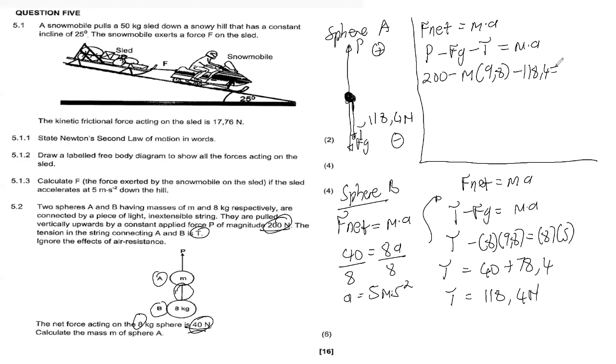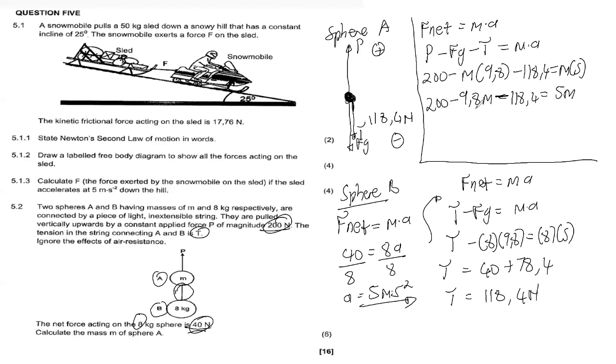And our acceleration is 5. Remember, we calculated the acceleration, and it is the same acceleration for sphere A. Then this is 200 minus 9.8m minus 118.4 is equal to 5m.